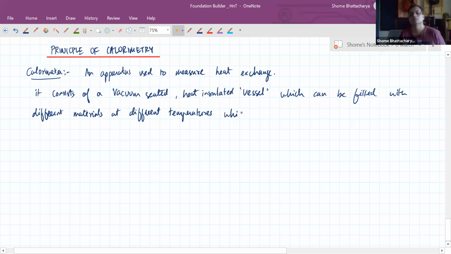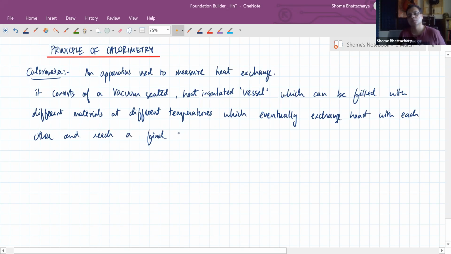okay, which eventually exchange heat with each other and reach a final, what we call, equilibrium state. So let's understand the definition of this term equilibrium state.